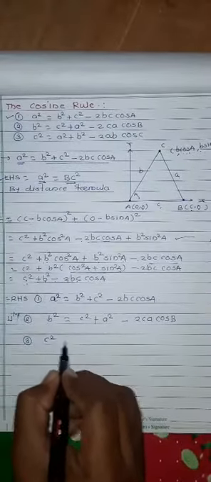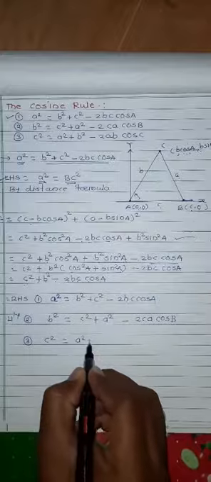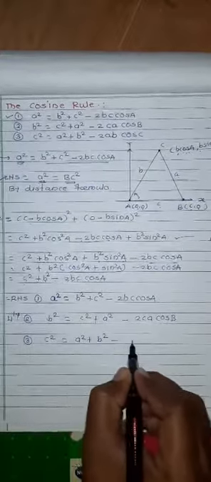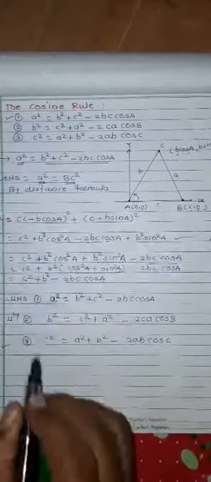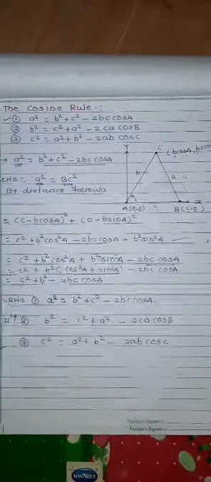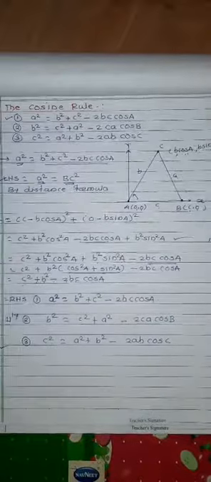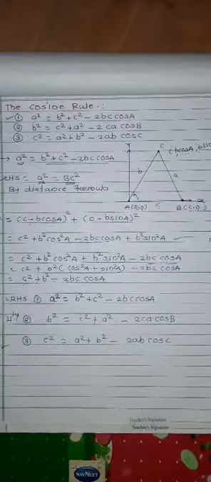Now c square is equal to a square plus b square minus twice of ab cos C, and hence this cosine rule is proved. Proof of the cosine rule.